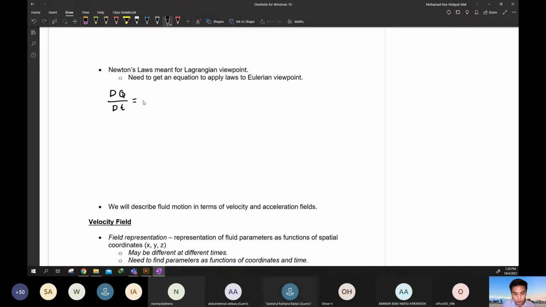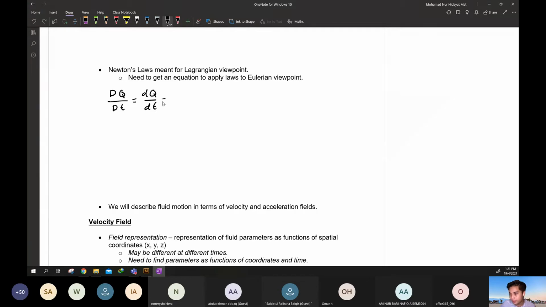It is equal to dq over dt. When I talk about the capital D, that means the whole; for example, we monitor in terms of X, Y, Z axes, the whole of the things we monitor. It is the same as dq over dt, but the difference is the notation.